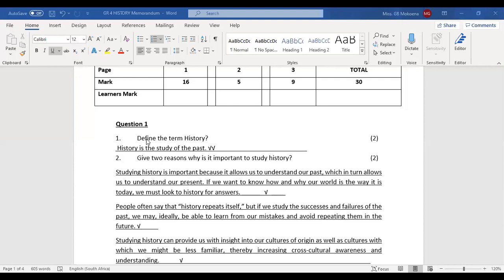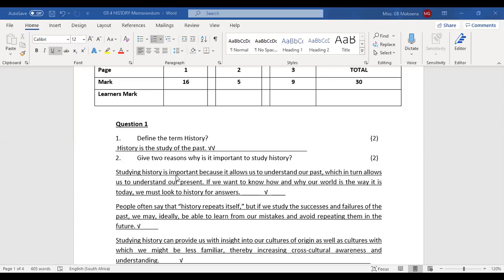Yes, it's also correct. Nice answer. Nathaniel: the things that happened in the past. Nice one. Give yourself a mark. Your answers are relevant and they are correct. You can give yourself 2 marks.